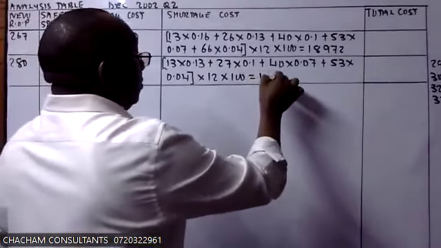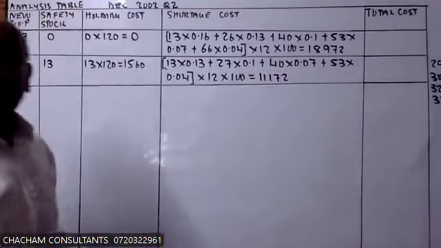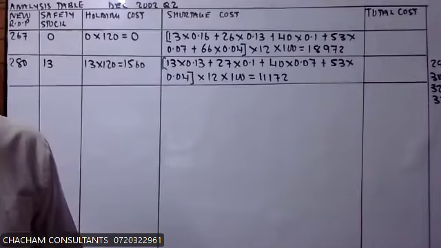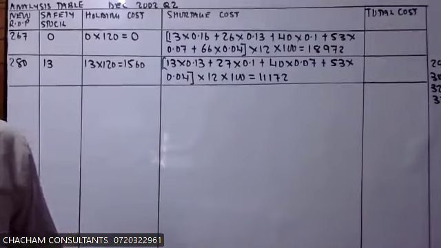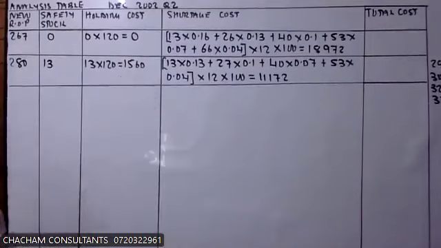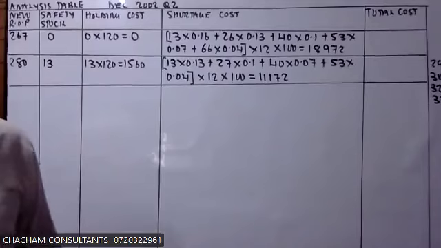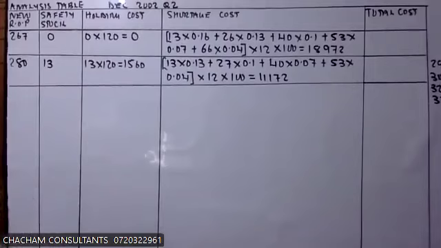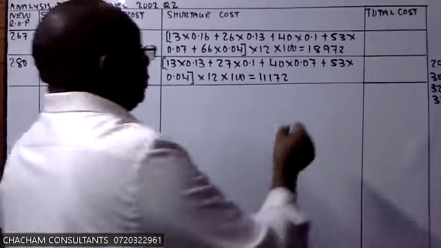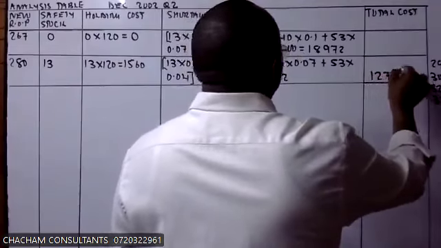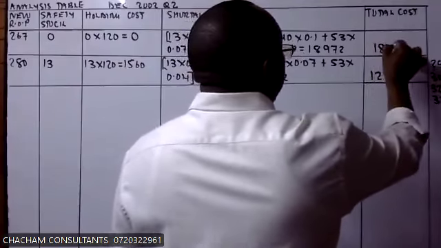Someone else to confirm? Yeah, if it's confirmed, that's good. So now add to this one. Add 1560 there. When you add, it gives us 12,732. Oh, here I should have brought this one, 18,972.